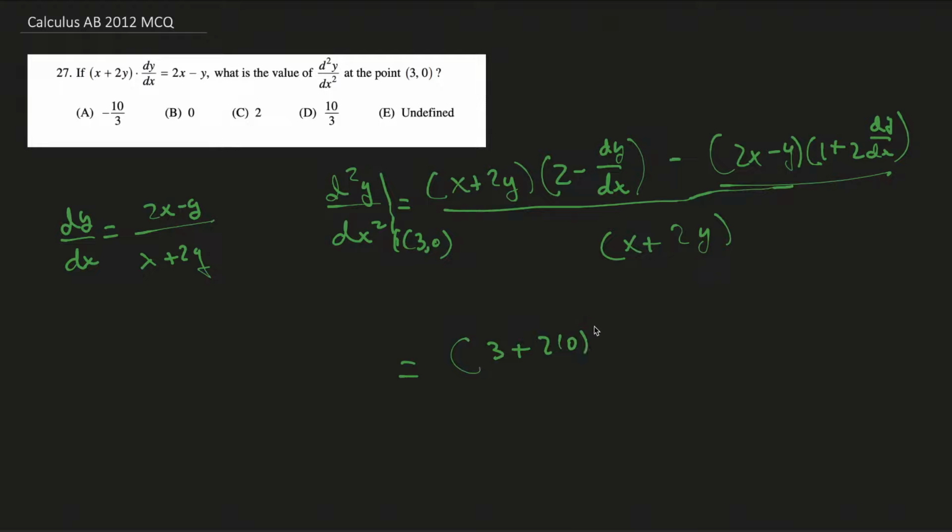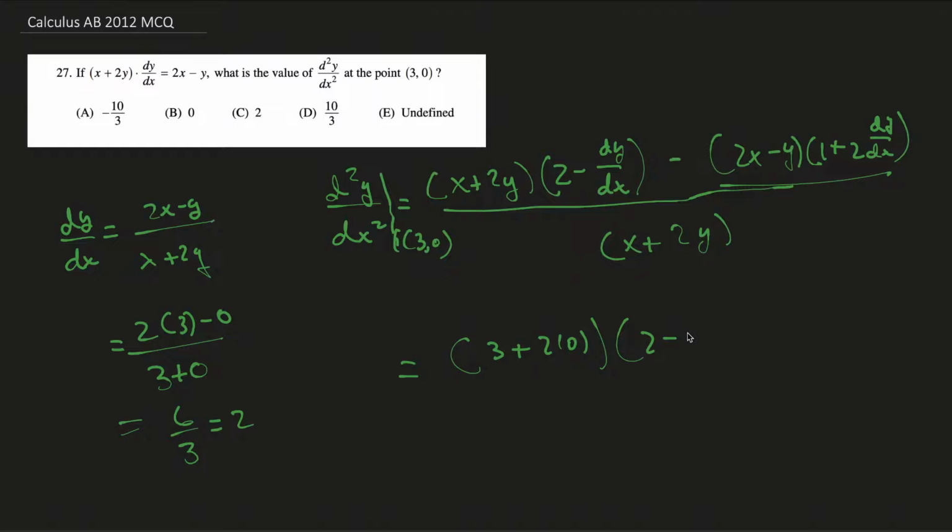Same thing, 2 minus. Now for dy/dx, we do the same thing. We just plug in 3 for x, 3 minus 0 over 3 plus 0. So this gives us 6 over 3, which is 2. So we know that dy/dx is 2 at (3, 0).